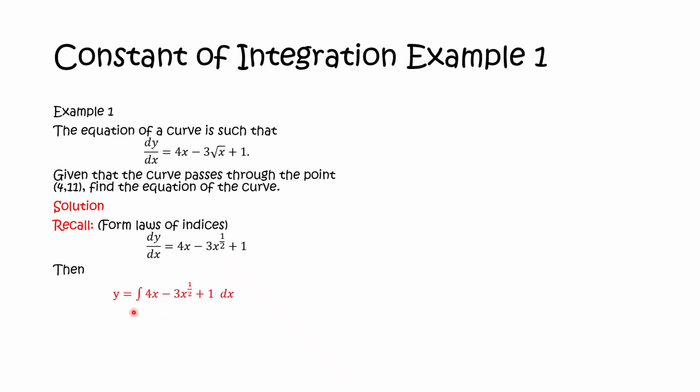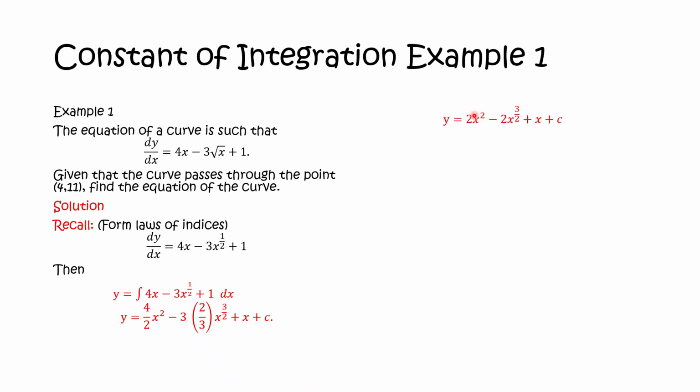Then we integrate. That would give us y is equal to the integral of 4x minus 3x to the power half plus 1 dx. And recall from our part 1 video on how we integrate, then what we would have is 4 over 2 x squared minus 3 times 2 over 3 times x to the power 3 over 2 plus x plus c, the constant of integration.